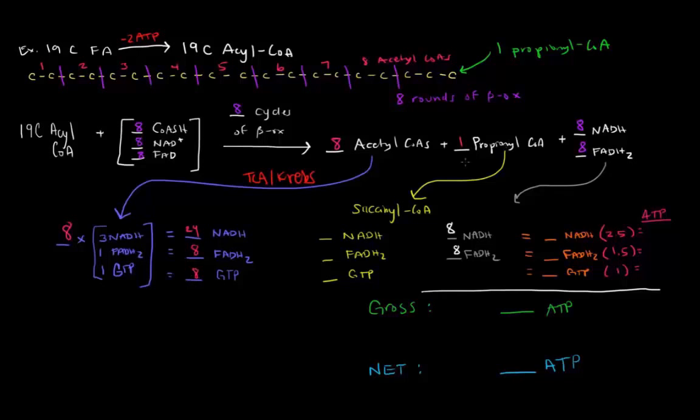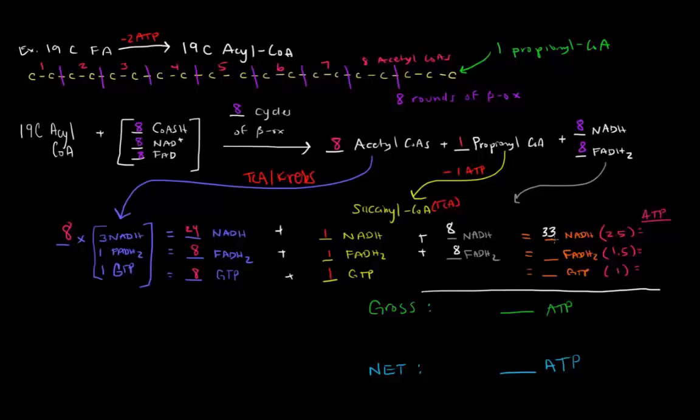So now where does this propionyl-CoA go? Well, we just said that it has to be converted into succinyl-CoA. That's going to cost us 1 ATP, right? And then the succinyl-CoA goes to the TCA cycle, where it gives us 1 NADH, 1 FADH2, and 1 GTP. So now we're going to add up all these values. The total number of NADHs we get is 24 plus 1 plus 8, which is 33.